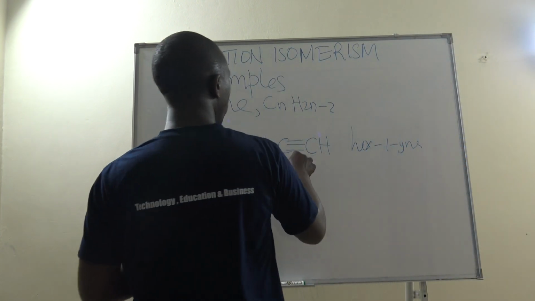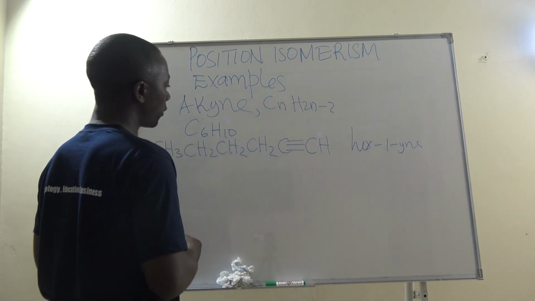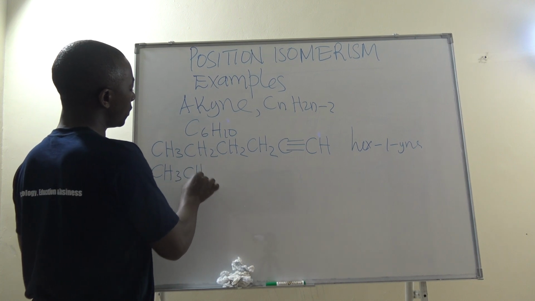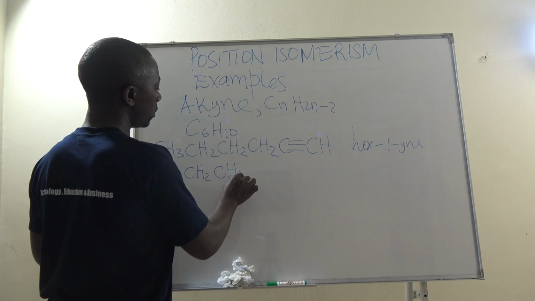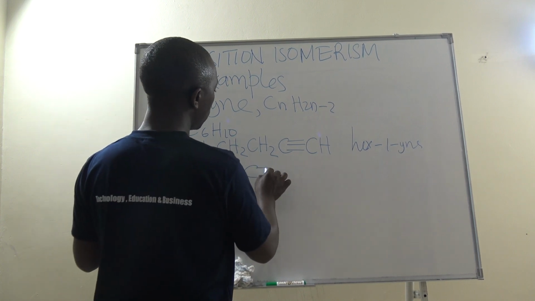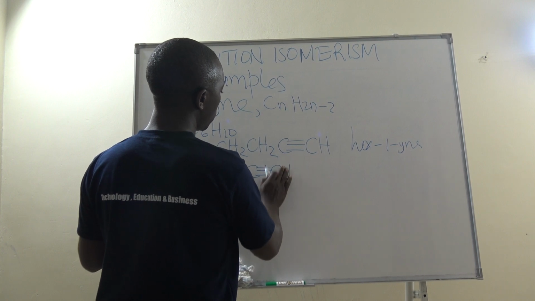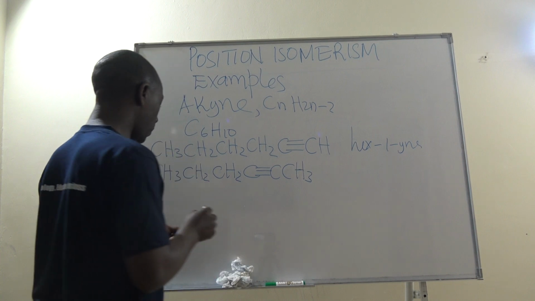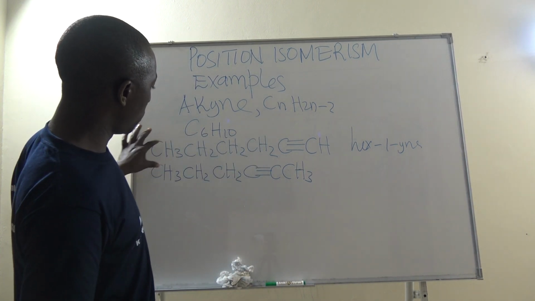Now, suppose this position moves from carbon 1 to carbon 2, that becomes a different isomer. For example, CH3, CH2, CH2, C, like that one. So the difference between the two, you can see the structure is the same.